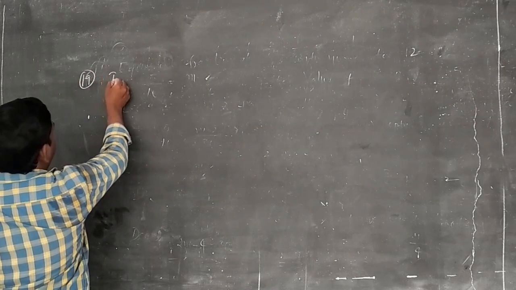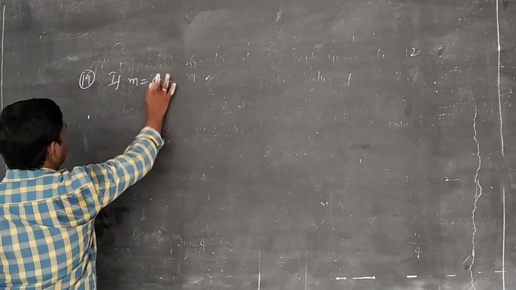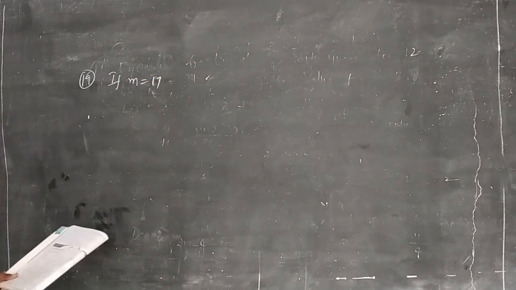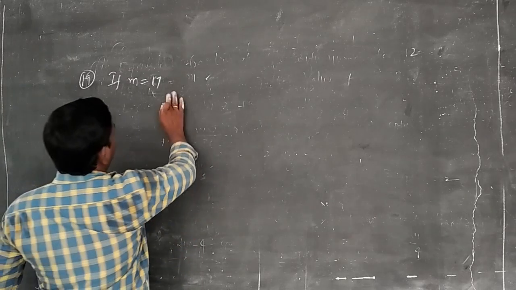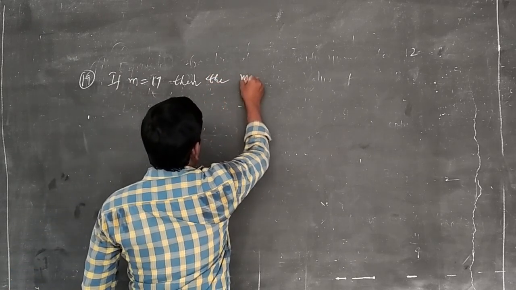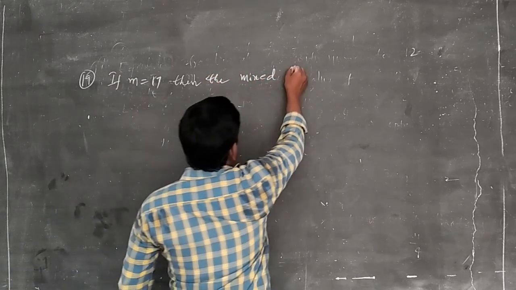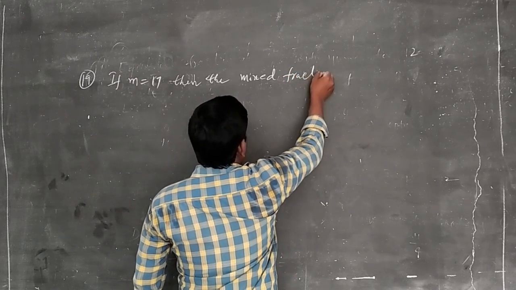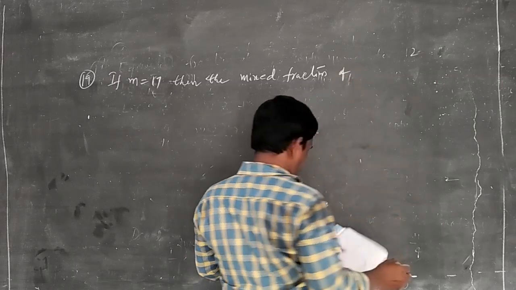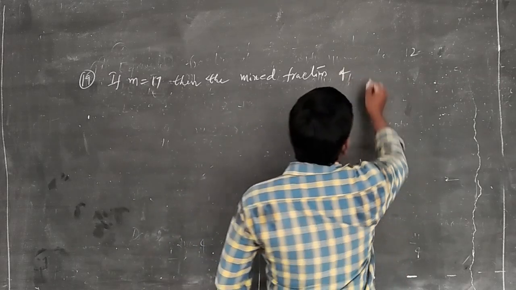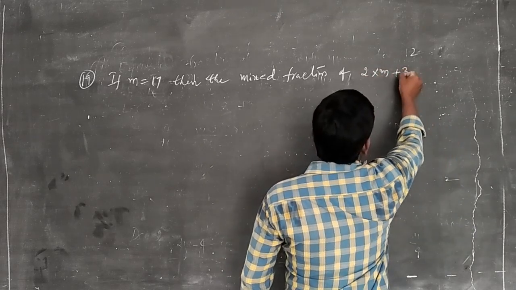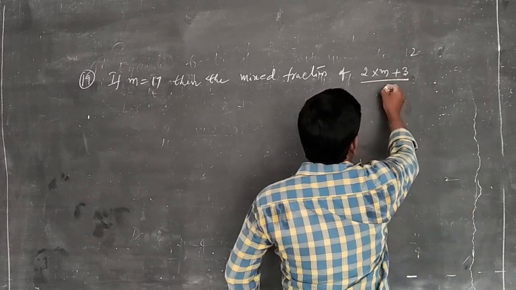If m equals 17, then the mixed fraction of 2 into m plus 3 by 9.